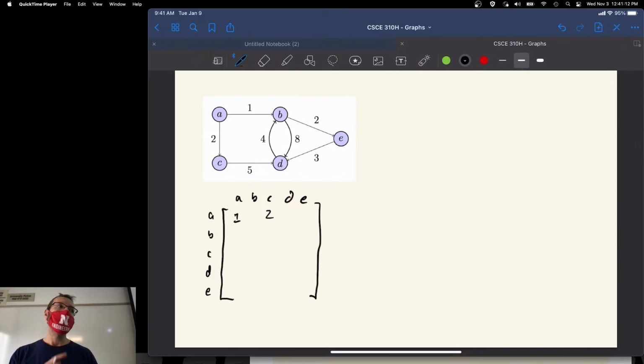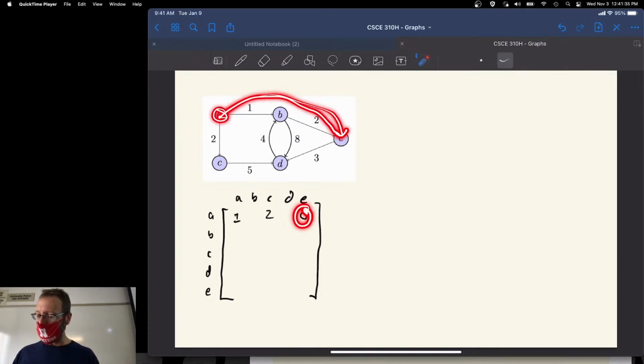So as far as the adjacency matrix goes, what entries should I put in here? What about 0? What does that imply? It implies that there's no edge, but really, what am I keeping track of here? I'm keeping track of the cost of traversing this graph. So can I go from A to E at a cost of 0? Nope, that would be having an edge here, but then its weight is 0.